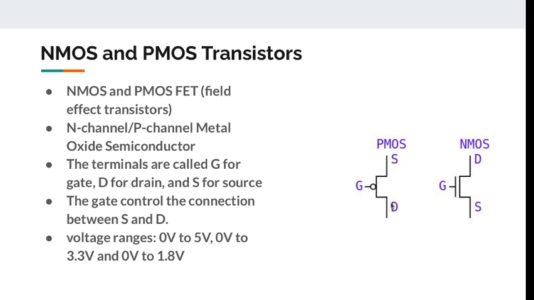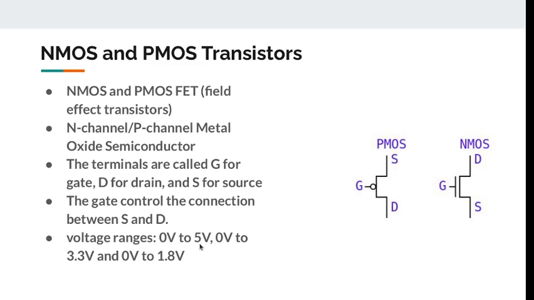Drain is a good name because it's draining the current in this direction, from top to bottom. In this case it's up, but it doesn't matter. If you have signs that indicate this is the source and this is the drain, you can understand what the gate is supposed to do. The gate basically controls the connection between the source and the drain.